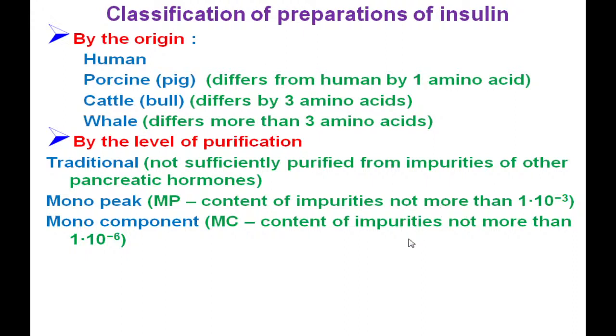And the best is monocomponent, MC, content of impurities not more than 1 times 10 to the power minus 6. This is the most purified preparation of insulin.